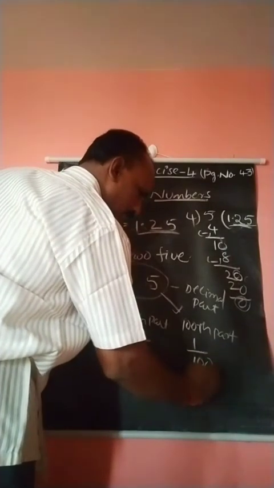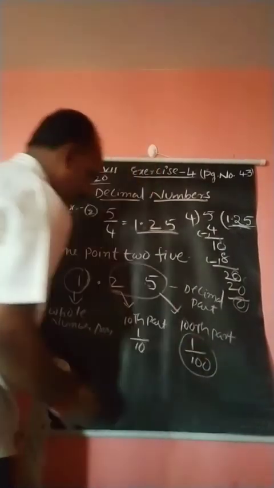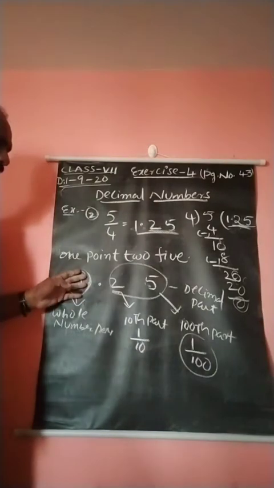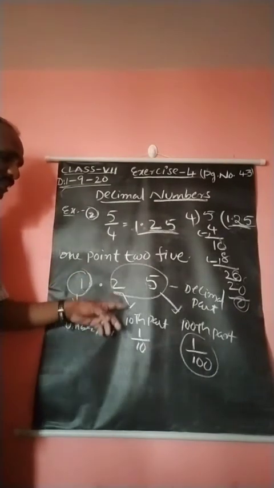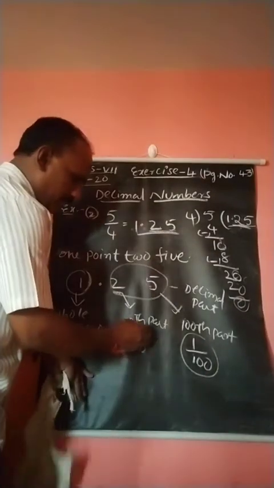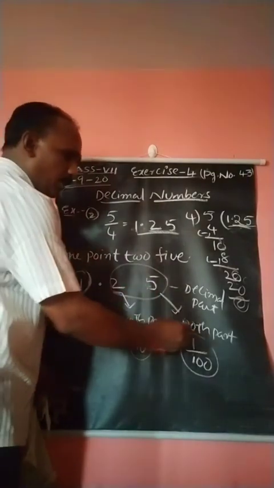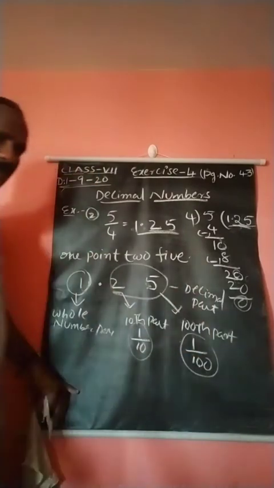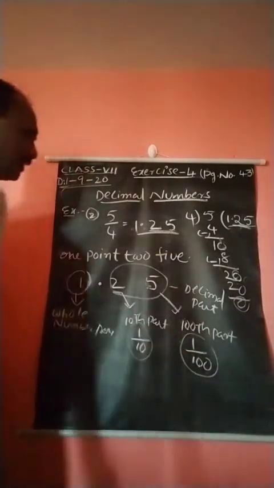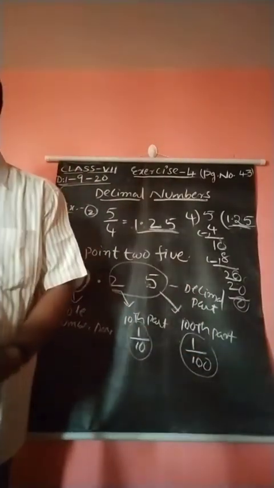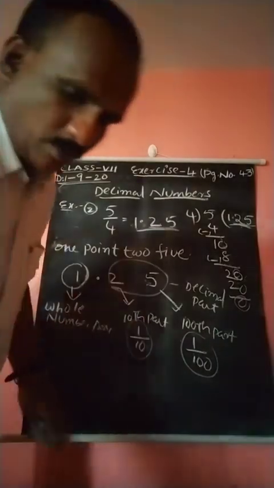After the units place, the decimal part starts with the tenth part, then the hundredth part. And one more example, I'll go for that. Look here, a somewhat bigger number.